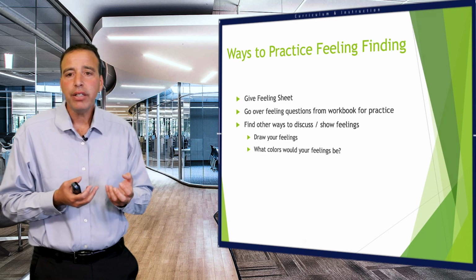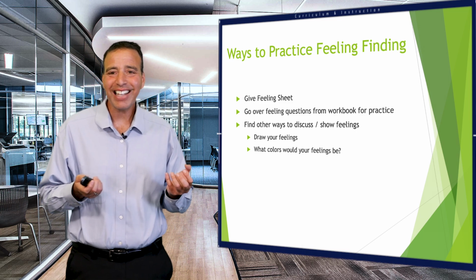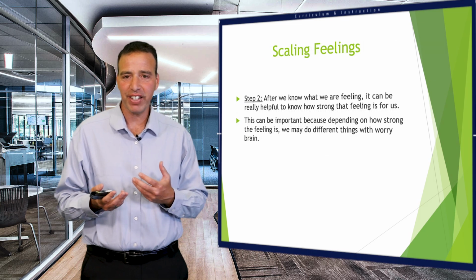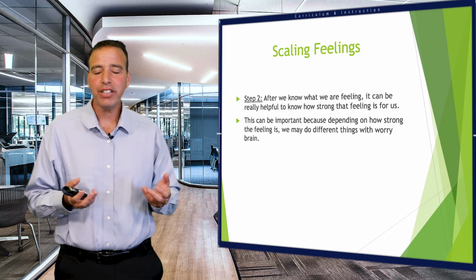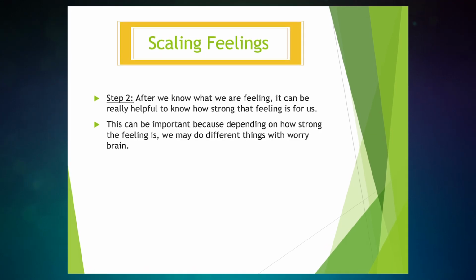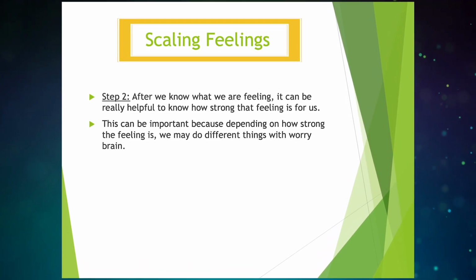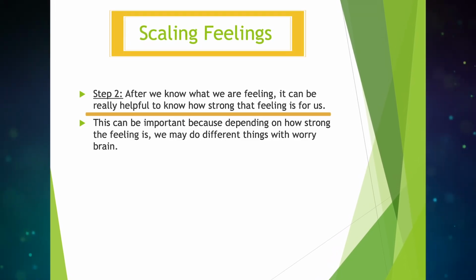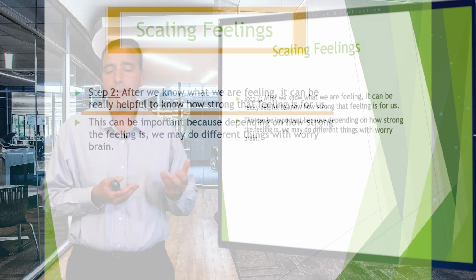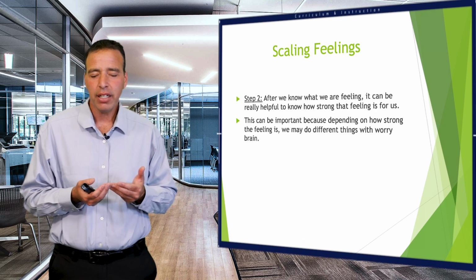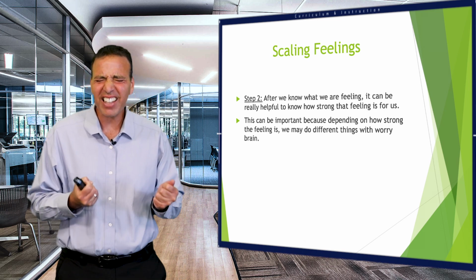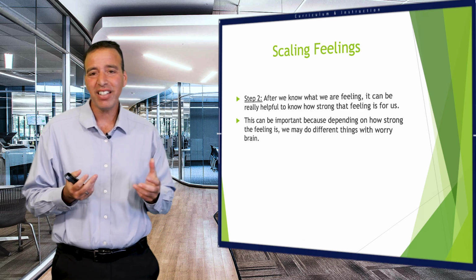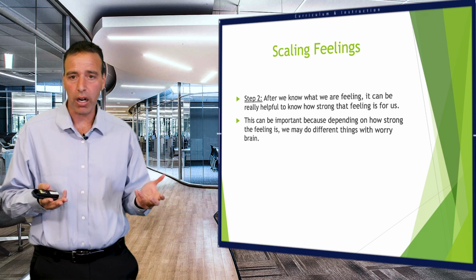So after we know how we're feeling, the next skill we want to do in the F step is learn to put numbers to feelings. The fancy term for this is scaling. Scaling is we want to know how strong am I feeling this feeling, and I use a number scale 1 to 10. A 10 is I'm feeling it so intensely, and 1 is I'm feeling it very little or not at all.